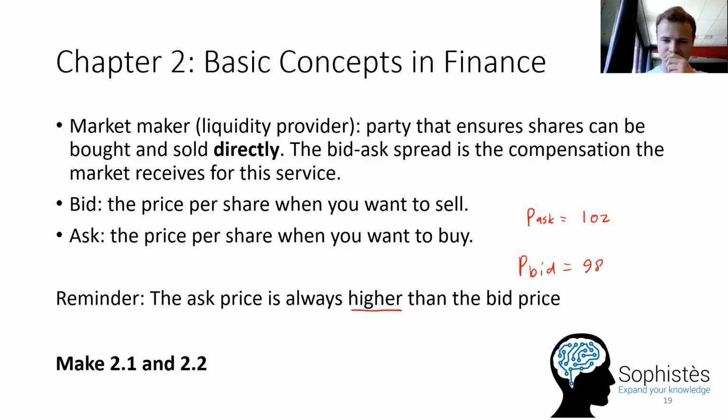The good thing is that you can buy or sell your shares instantly. The bad thing is that the market maker earns money on this, while the actual price might be 100 euro. If you buy, you pay a bit too much, and if you sell, you receive a bit too little. So it's really easy, this part.